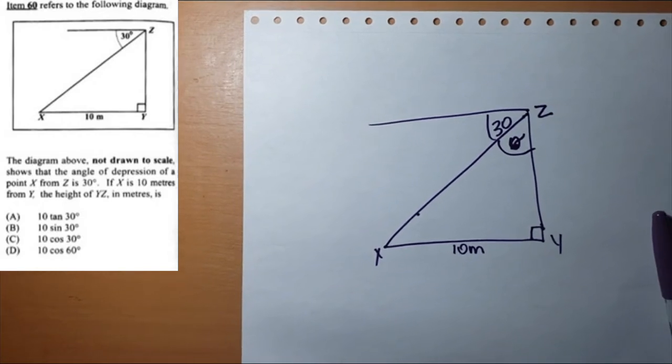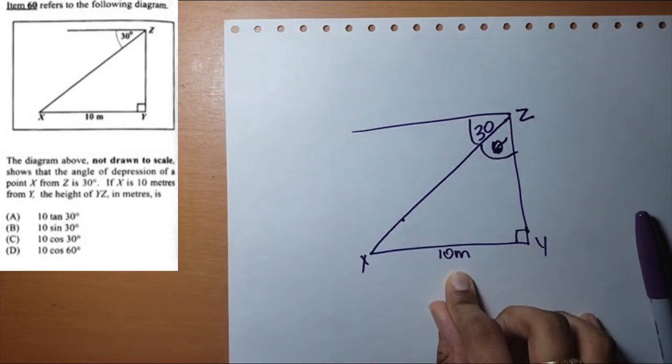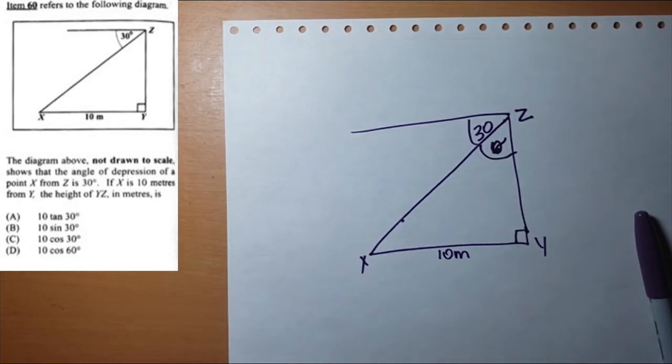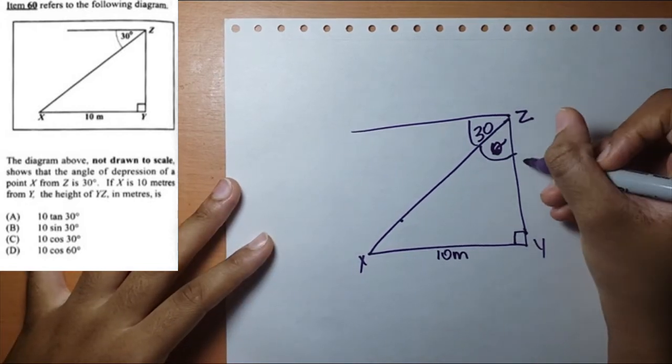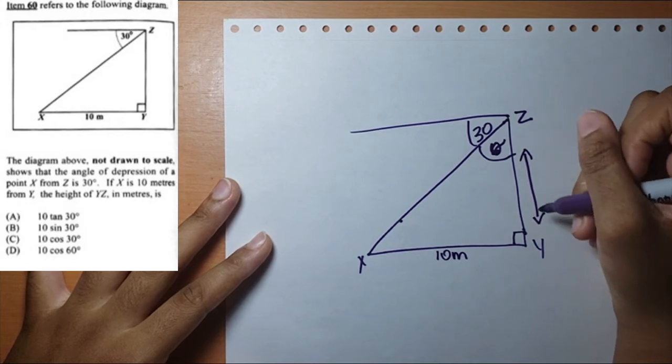So for this question, we're given a diagram and it says that the angle of depression of a point X from Z is 30 degrees. If X is 10 meters from Y, the height of YZ in meters is. So first things first, we have to identify what we want, and we want the height right here.